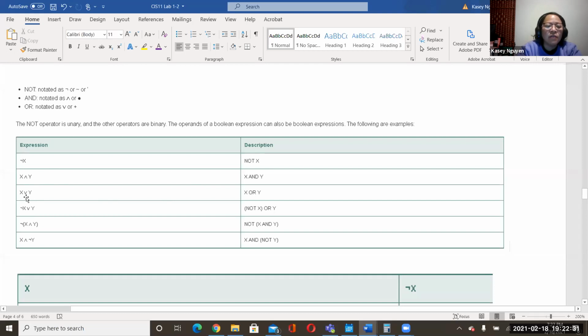The or operator is the V. When you see it like this, that would be not X or Y. And when you apply the parentheses like that, with the and, it's actually not X and Y. So you can start looking at the symbols and how they're used.